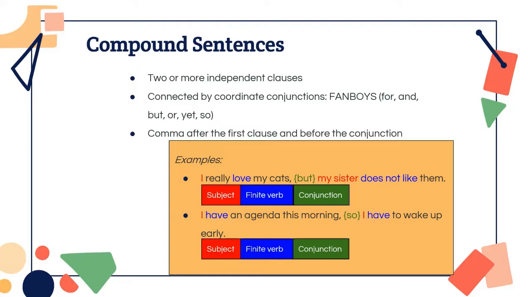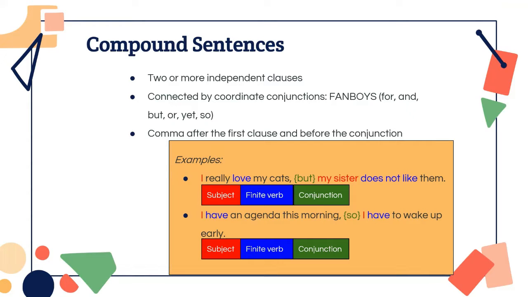The first example is "I really love my cats, but my sister does not like them." And the second one is "I have an agenda this morning, so I have to wake up early." In breaking down these two sentences, we can first identify the coordinating conjunction which separates the clauses in these two sentences, namely the conjunctions "but" and "so".